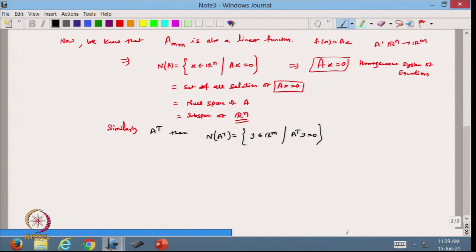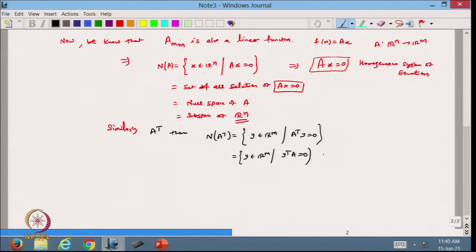This can also be written as y belonging to Rm such that y transpose A is equal to 0, as I have just taken the transpose of this one.